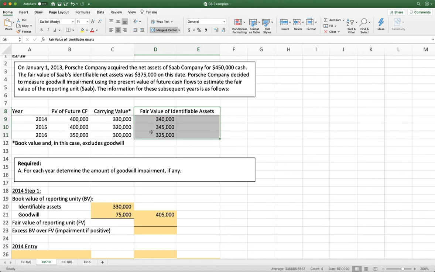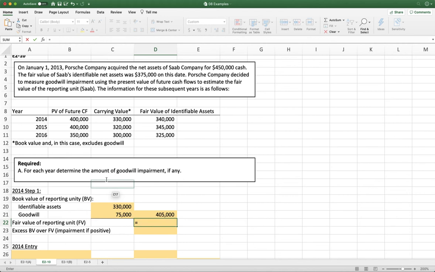This one is going to be missing any goodwill, because remember, we were willing to pay for the fair value of the identifiable assets plus any future earnings potential, which we recorded as goodwill. This number over here, this present value of future cash flows, is going to include both. So we're going to use this $400,000 as the estimate of the fair value of the reporting unit.